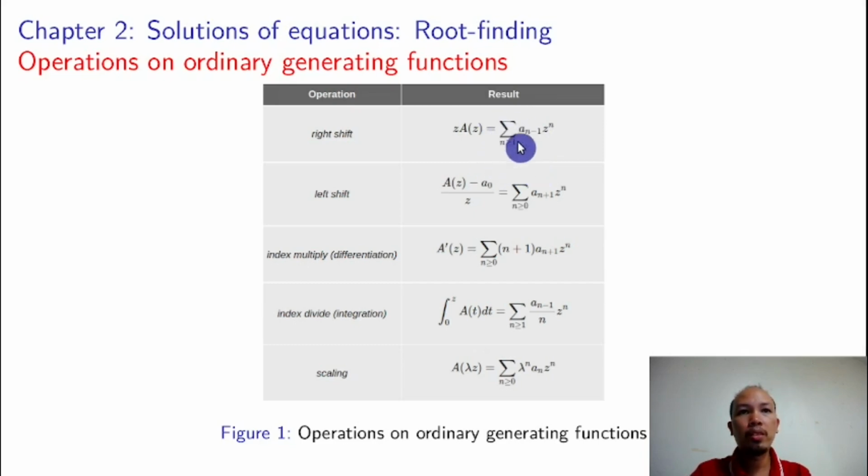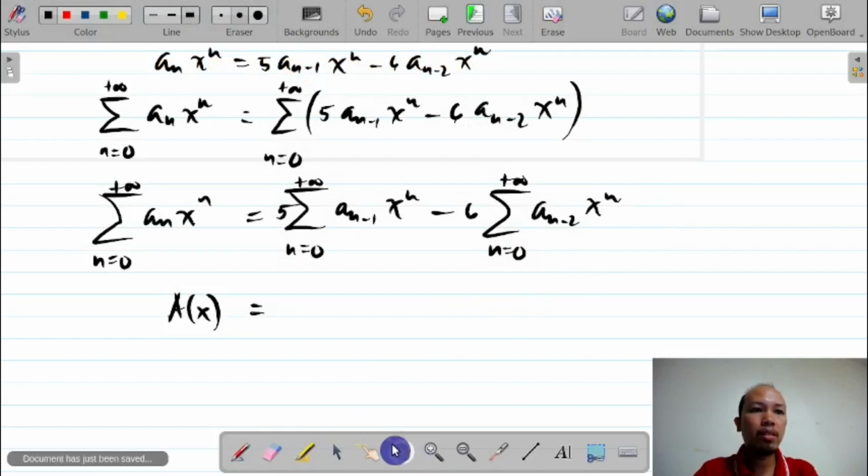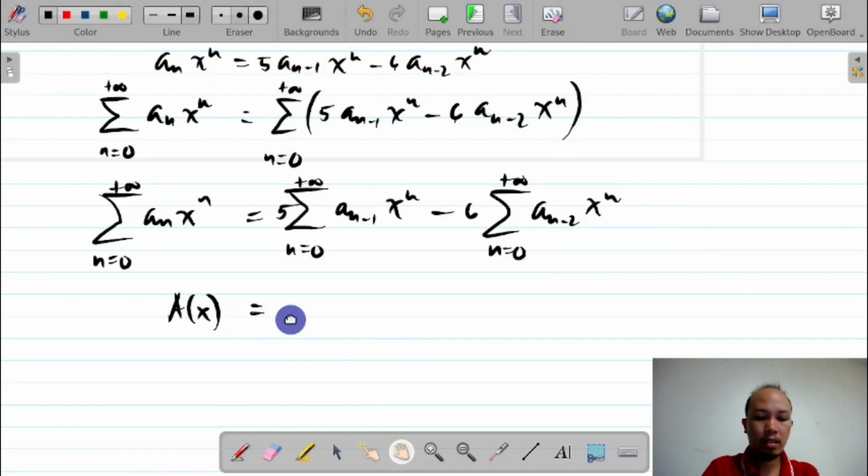So remember to use this formula. Okay, so let's go to our open board. So from the table we have 5, n is equal to, no, not 0.